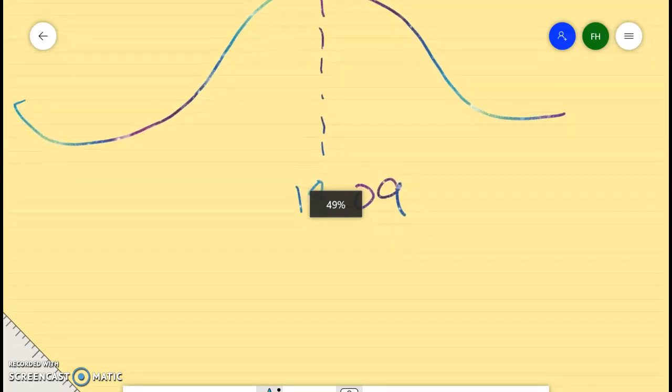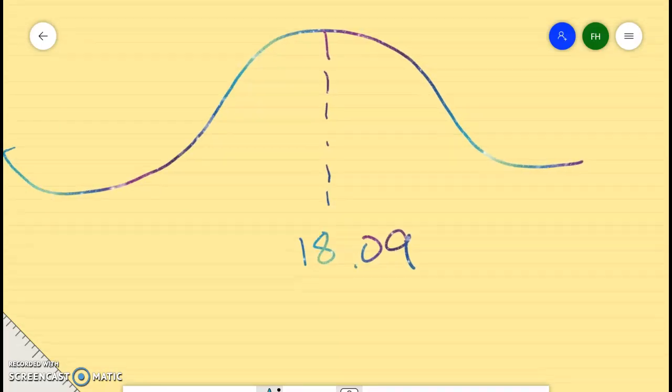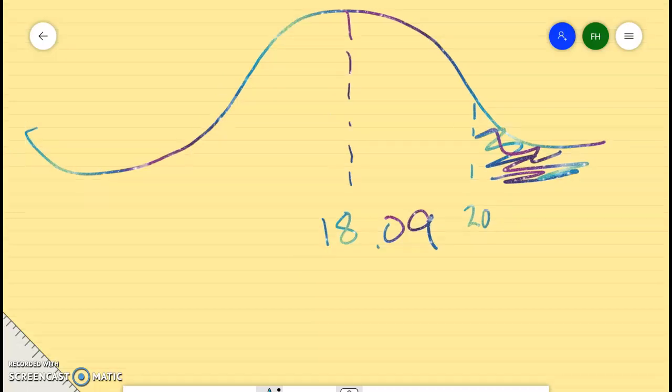More than 20 would be to the right here. Let's just say it's right here. So we want to know the probability that more than 20.